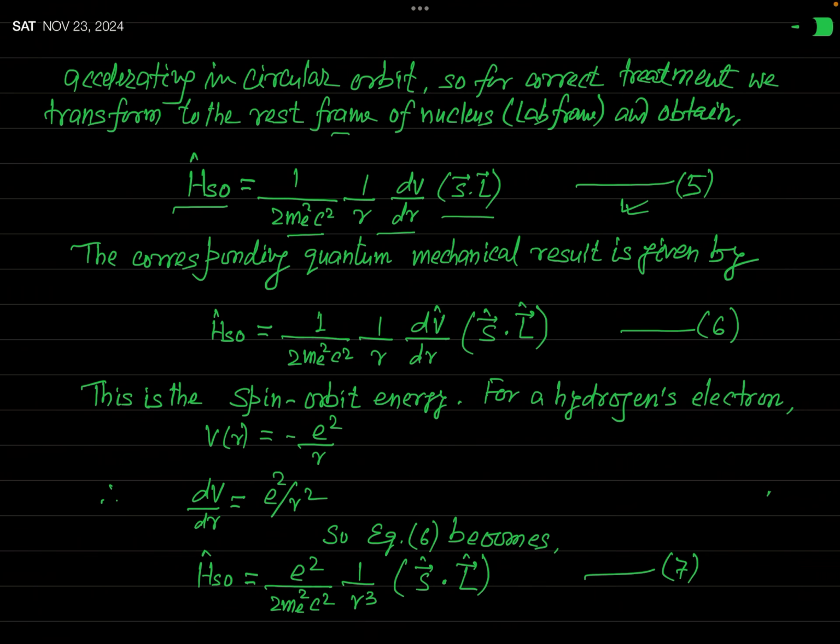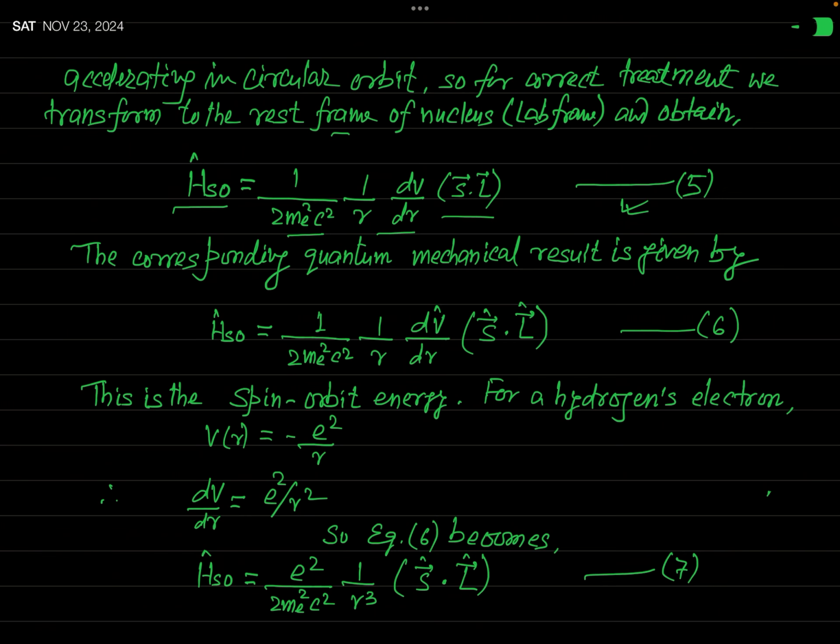But you know that a quantum mechanical result from a classical result can be obtained simply by writing all the observables in the expression in operator form.